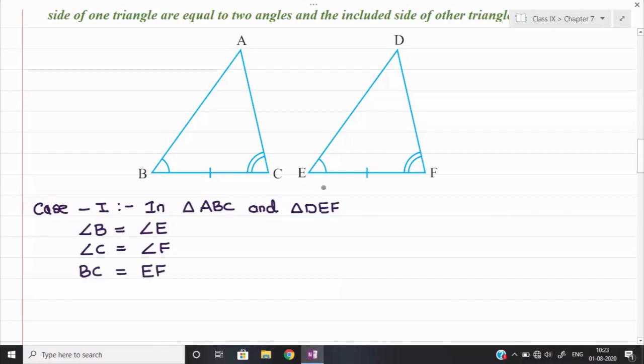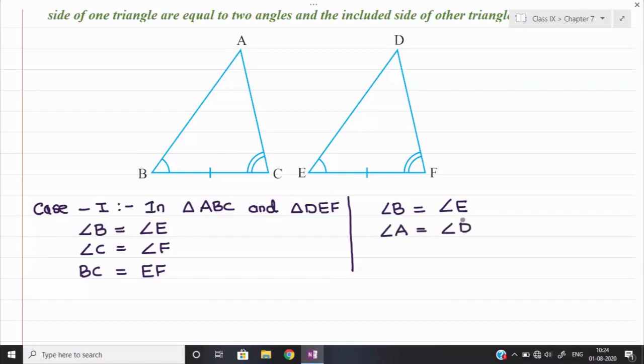Suppose I take one more case. I say angle B and angle E are equal, and angle A and angle D are equal.